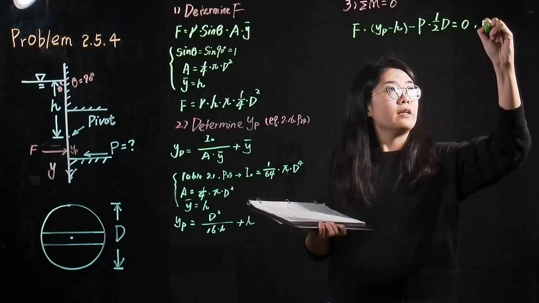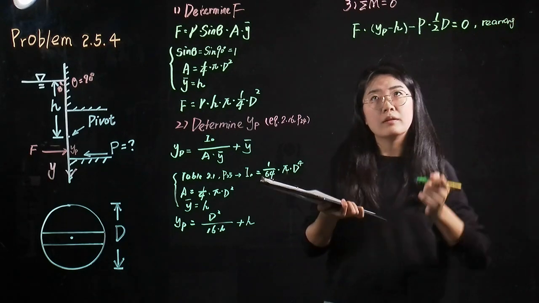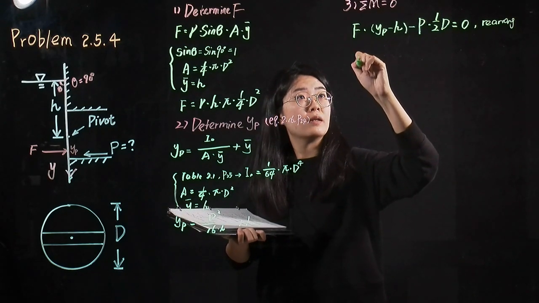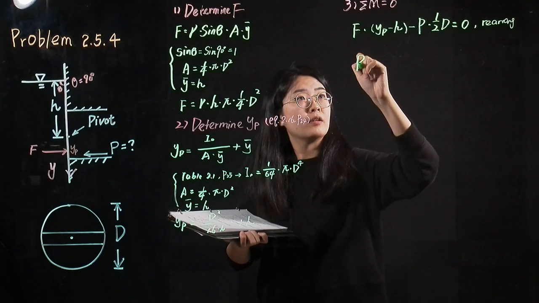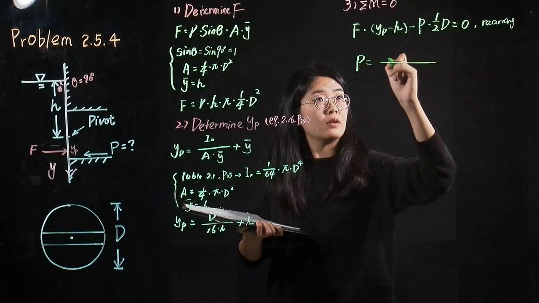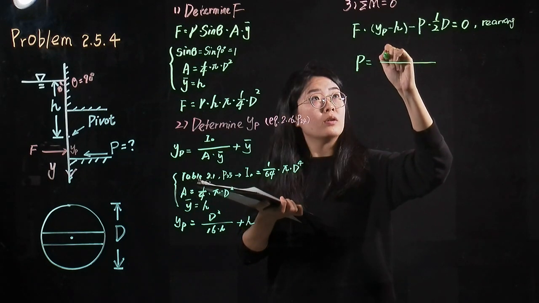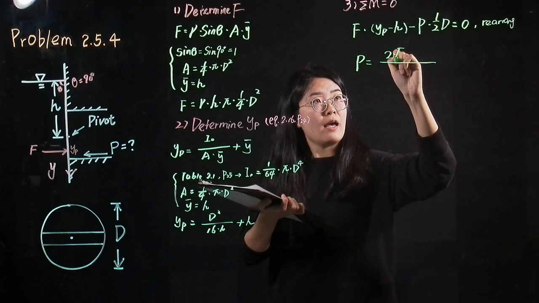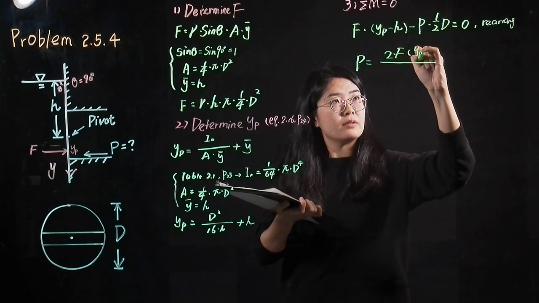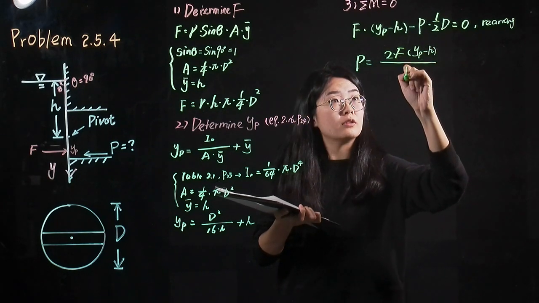So after rearranging this equation, we can get P is equal to 2 times F times yp minus h over d.